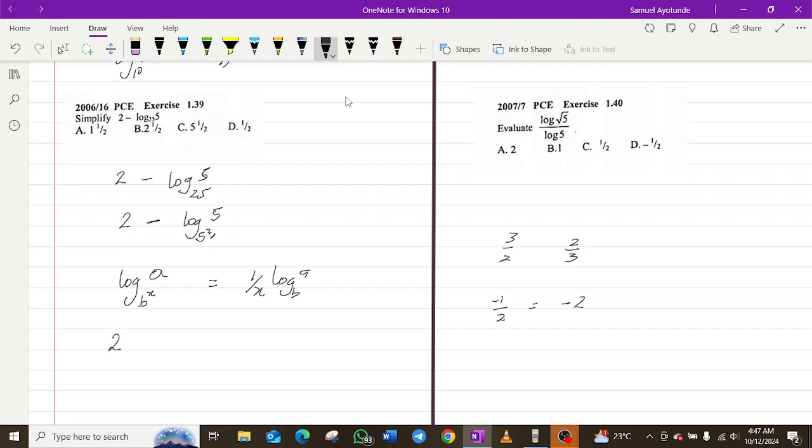So we then have 2 minus 1 over 2 log base 5 of 5. And when the argument and the base are the same, the answer is equal to 1. So therefore we have 2 minus 1 over 2 in brackets 1, which is equal to 2 minus 1 over 2. Our answer is equal to 1 1/2 or 3 over 2. So that is the answer.